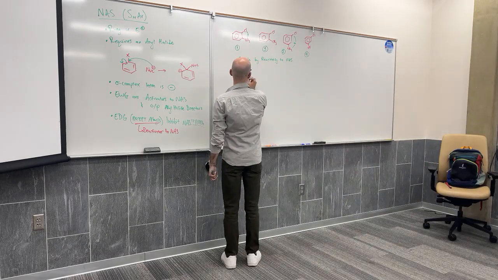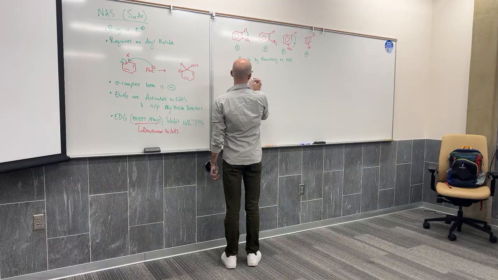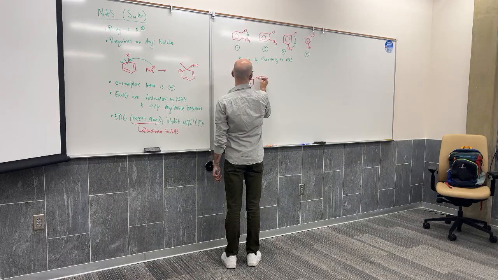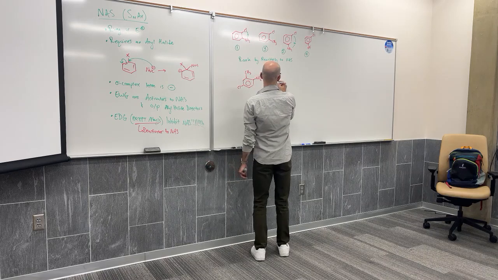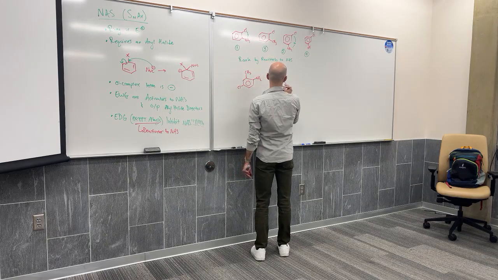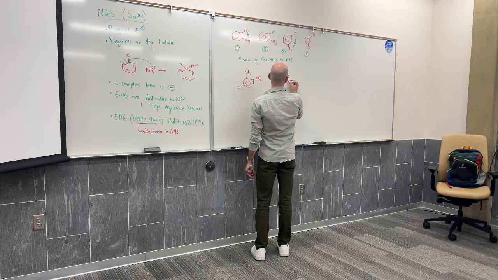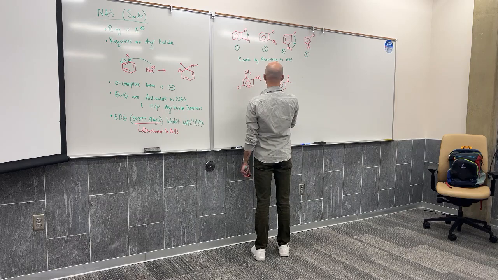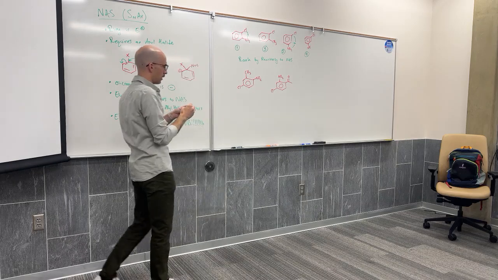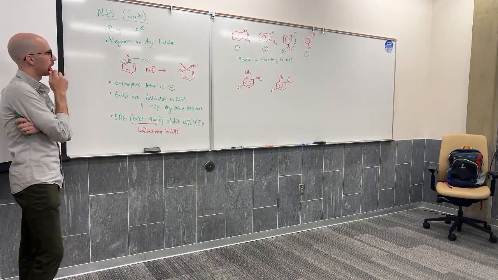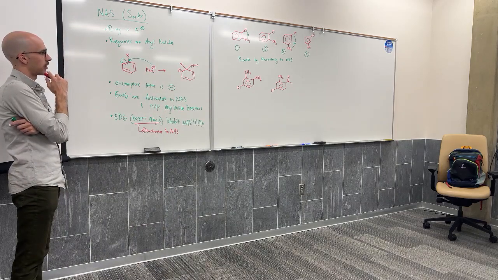All right, now we could do something similar to what we saw last time as well, which is what happens if I have multiple groups or a changing number of electron donating and electron withdrawing effects.